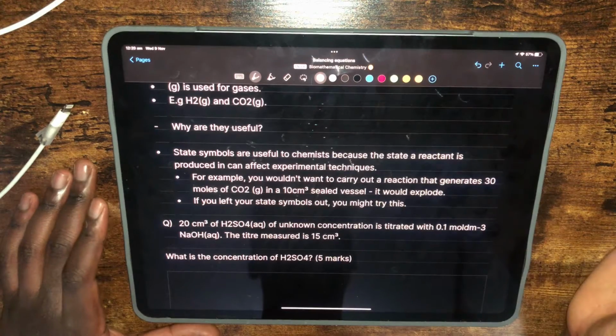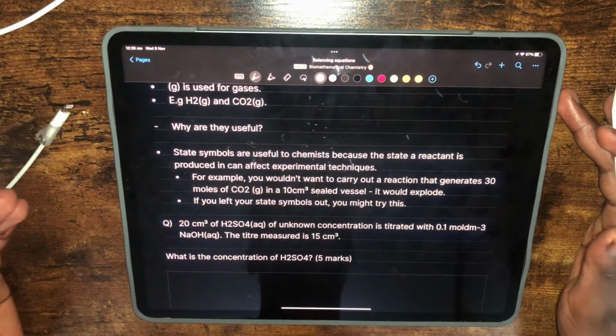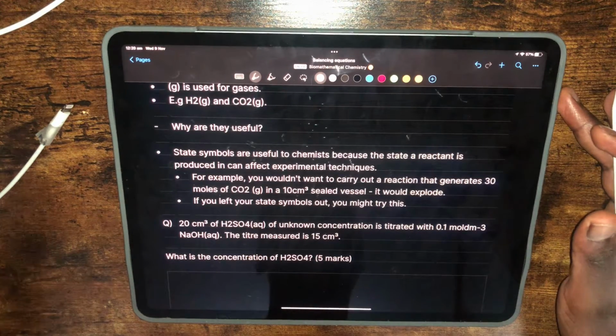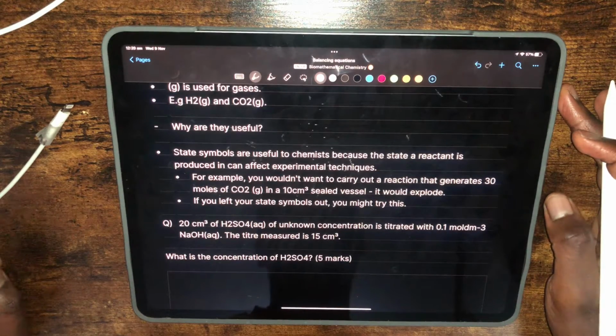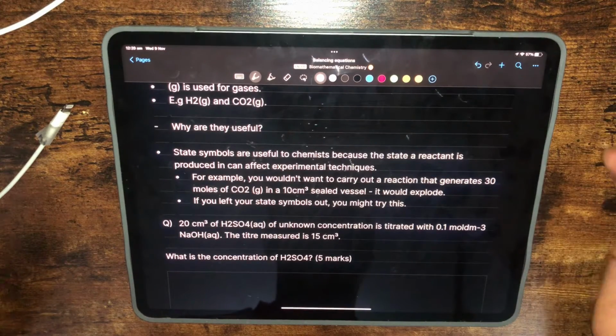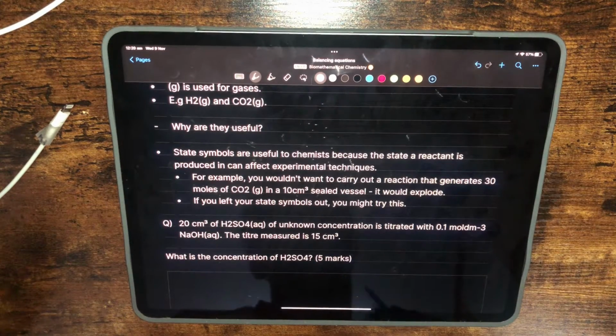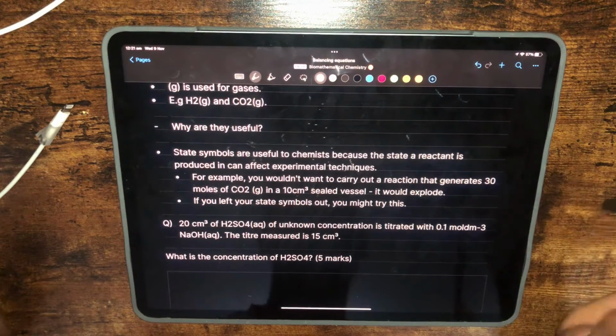But why state symbols are useful to chemists is because the state a product is produced in can affect the experimental technique. For example, you don't want to carry out a reaction that generates 30 moles of CO2 gas in a 10 centimeter cubed vessel, because it would explode, right? That's too much pressure.